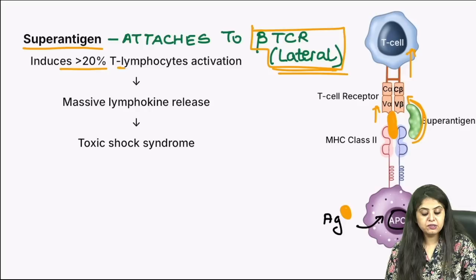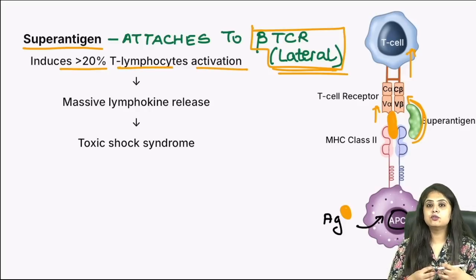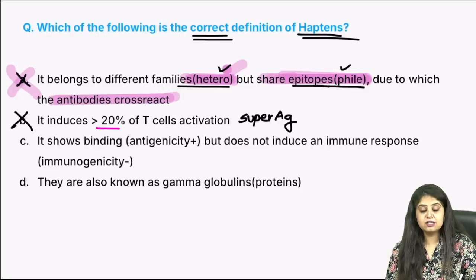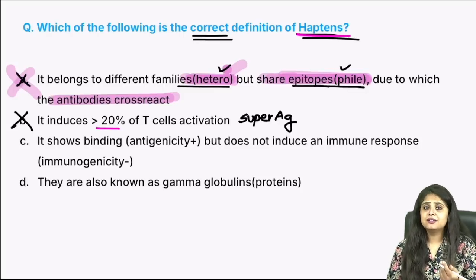More than 20% of the T cells are activated. T cells go crazy. They secrete cytokines like crazy. There is a massive cytokine release, and that is responsible for toxic shock syndrome, like you study in a case of Staph aureus. So what they are writing over here is more than 20% is not a hapten, it's a super antigen. Let's read further.